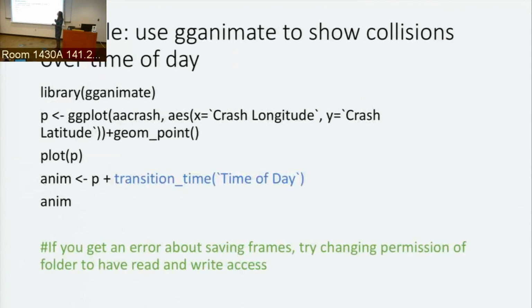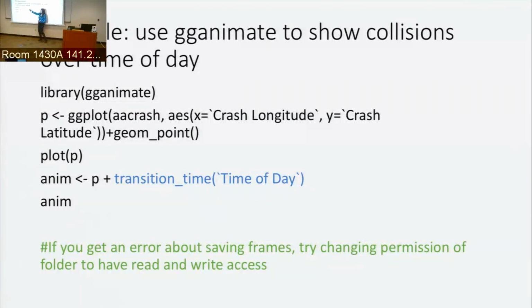Okay. So now we're going to get into gganimate, which is the other extension package that you've downloaded. So make sure that that's loaded. So type library gganimate in your RStudio console. And the first thing we're going to do is essentially plot our crash data, so our X and Y coordinates.